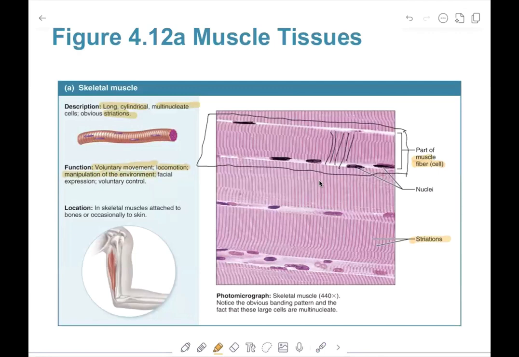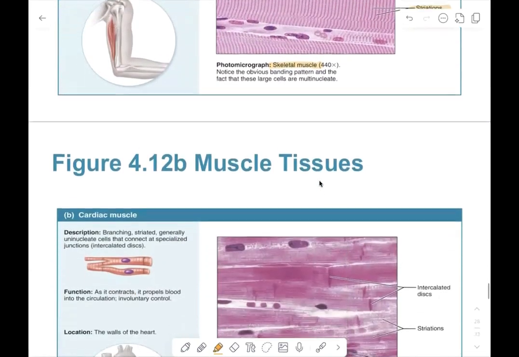So think of using the muscles in your hands to be able to pick up a pencil. Facial expressions are skeletal muscle, and again, it's under voluntary control. That means that your brain or spinal cord has to send a signal to that skeletal muscle to cause it to contract. The location of it is going to be attached to bones or occasionally skin.